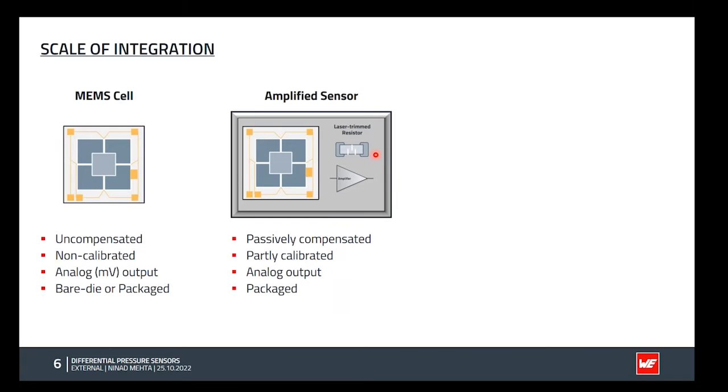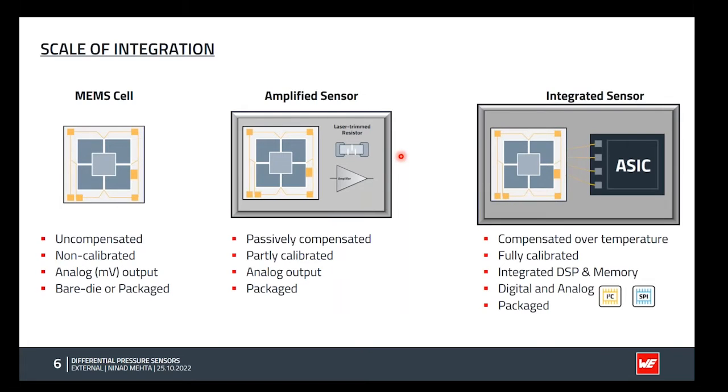So usually these are both calibrated and compensated, but in applications where a dynamic temperature is being used, or there is a big difference in temperature in the application, then this sensor might not have an accurate output at all temperatures, because the passive compensation has a very narrow temperature window.